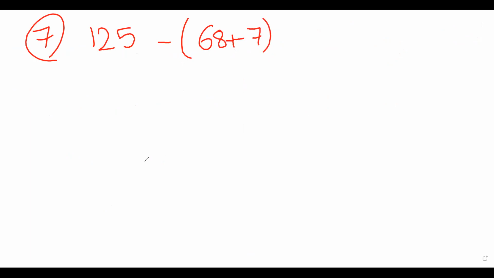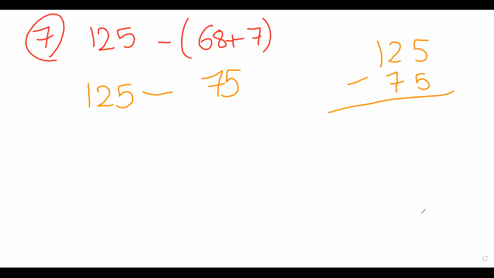What do you have to do first? $75, bravo. Yeah, 5 minus 5.